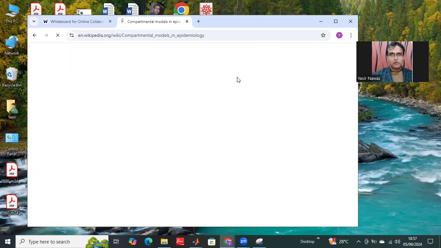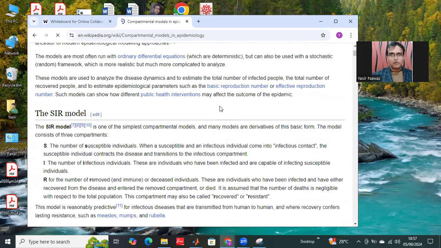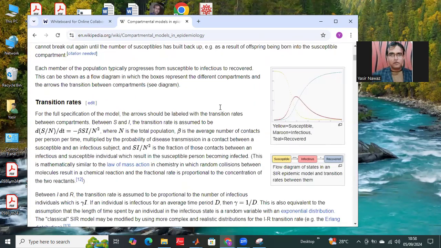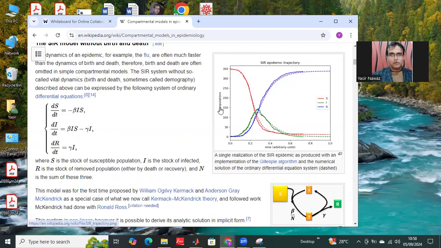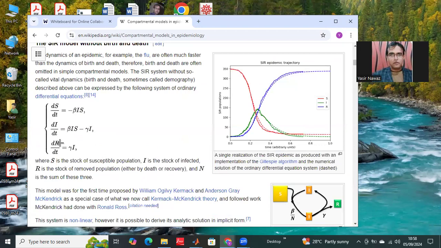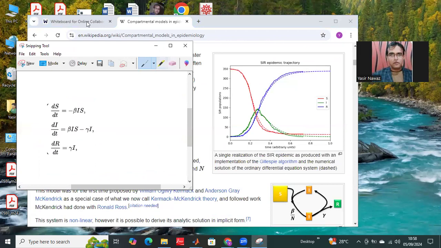That's the main advantage of that method, and it also provides second order accuracy. The fourth order Runge-Kutta method I will try to apply in my next video, maybe. For this video, I will do second order. So this is an epidemic model.